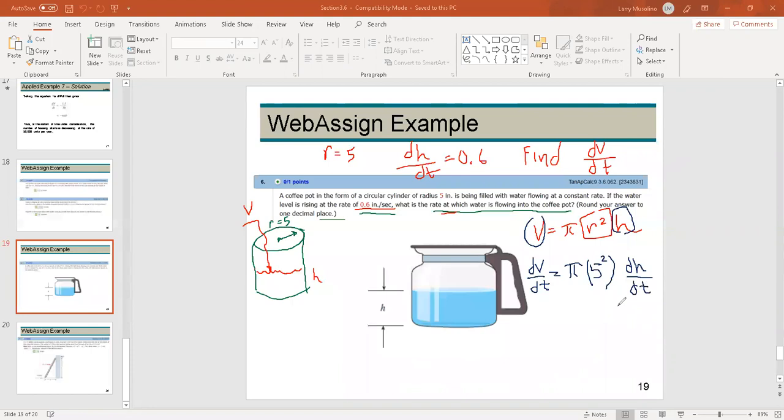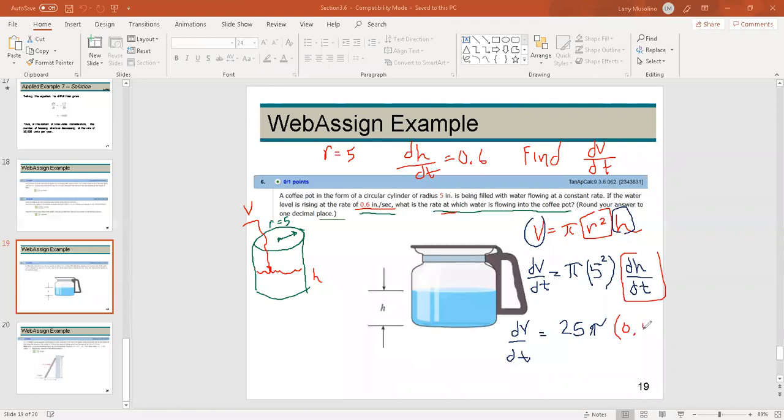All right, now let's go ahead and plug in what we're given. dV/dt is the unknown quantity. 5 squared is 25, so I'll just write this as 25 pi. And then dh/dt was given in the problem as 0.6.